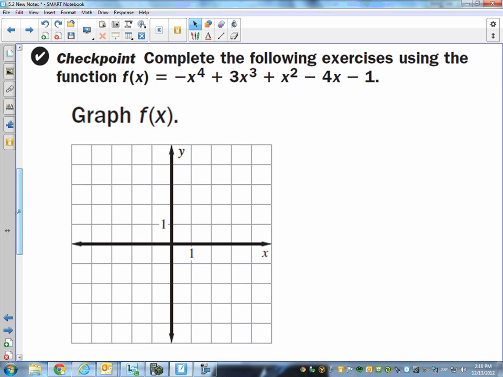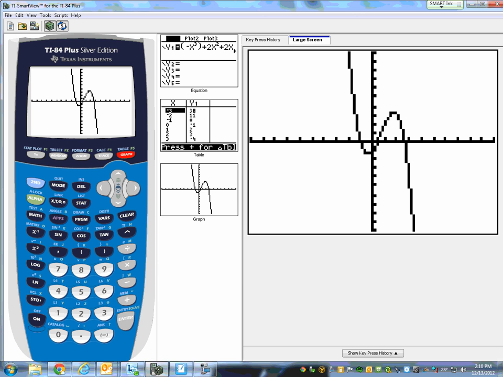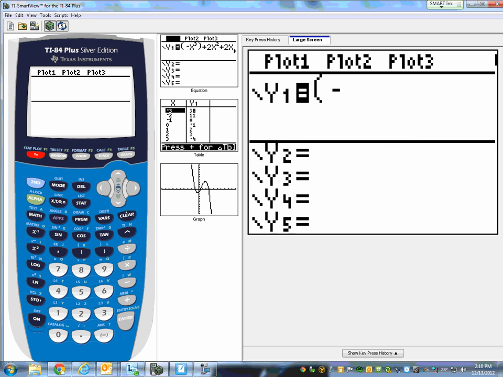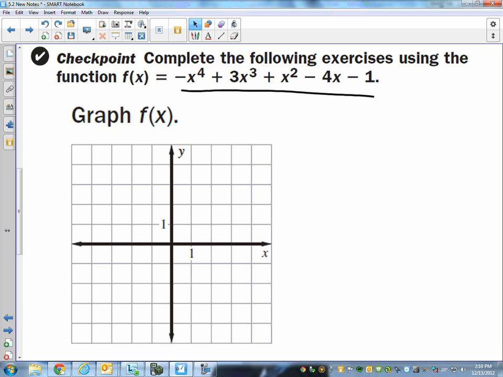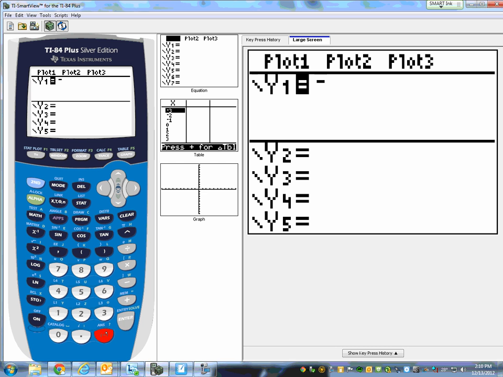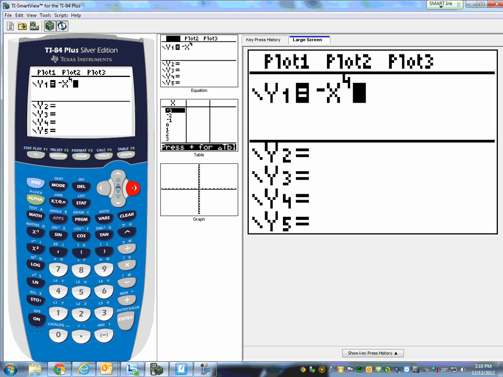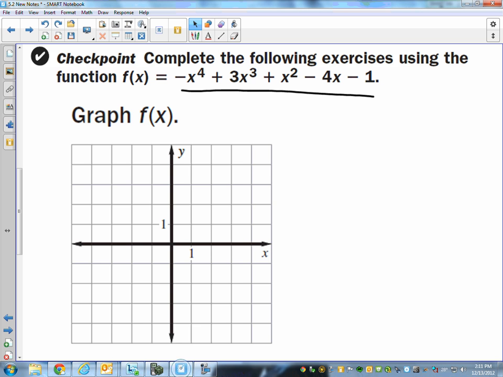So here's another one. Here's our equation. There's no way I'm going to remember all that. -4x to the 4th plus x to the third plus x squared.